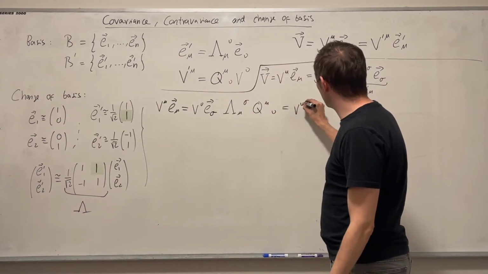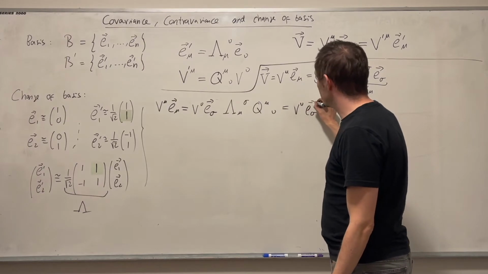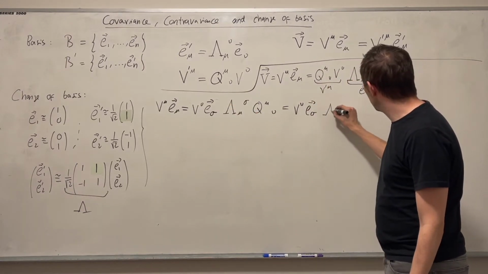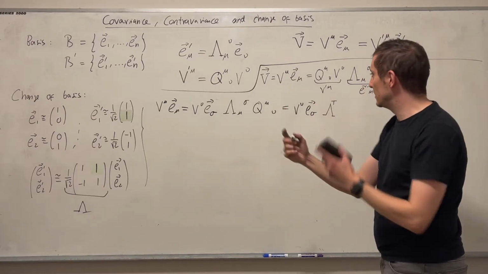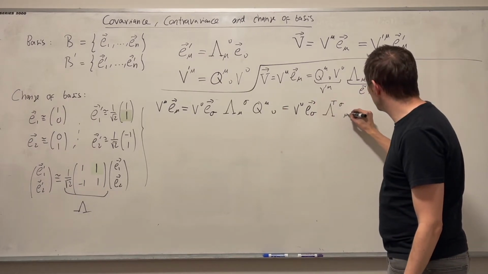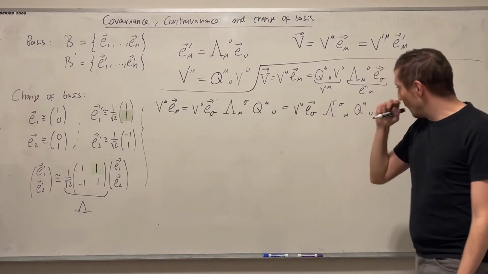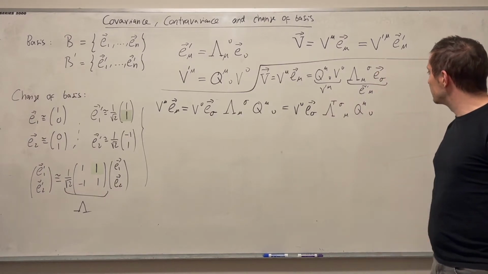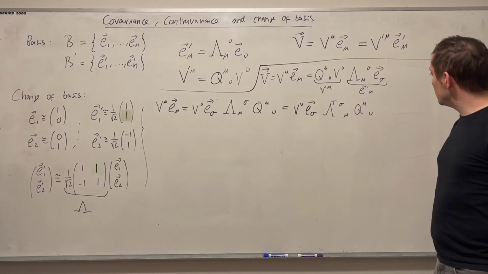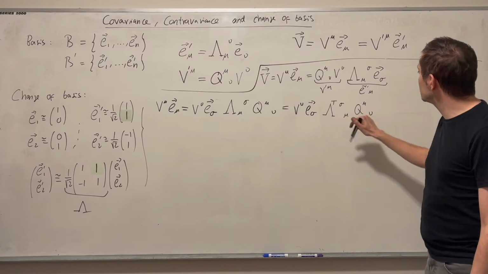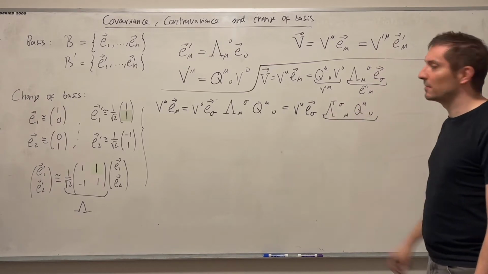So V nu is sigma, that's the same thing, but now I do lambda transpose and swap the indices, sigma mu Q mu nu. Wonderful. So what I have here is a matrix multiplication.